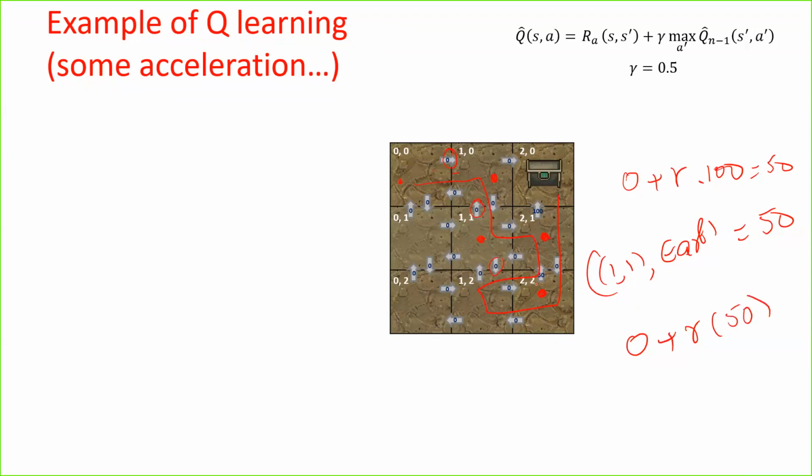Here it is 0 and 50 only, right? 50 is the maximum. So 0.5 times 50, which is 25. It means this entry we have to update to 25. Got it, right? Should I repeat this? Yes, I got it.